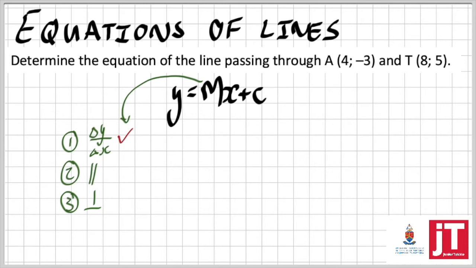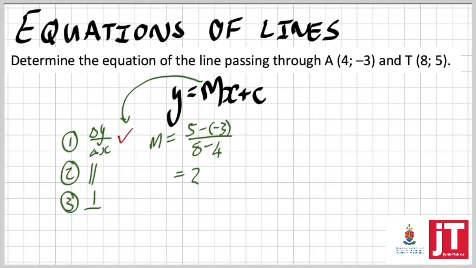I've got the 2 points, so I can go the route of changing y over changing x: y2 minus y1 over x2 minus x1. By using this, I get the gradient as being 2.